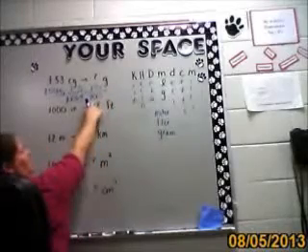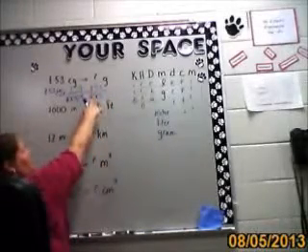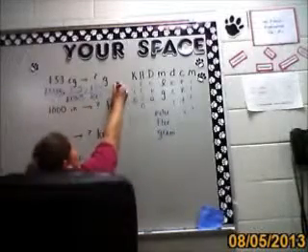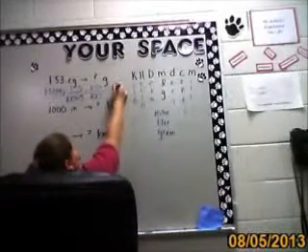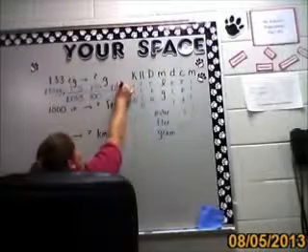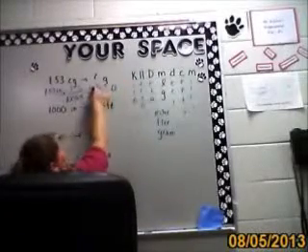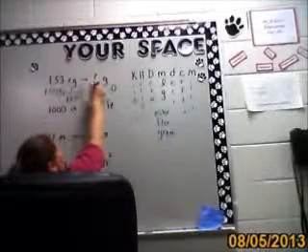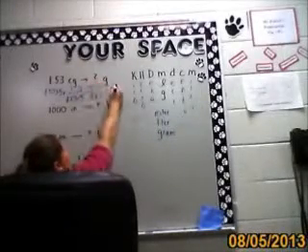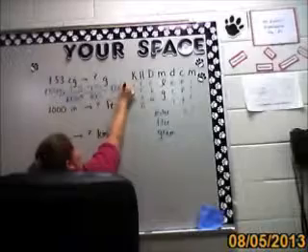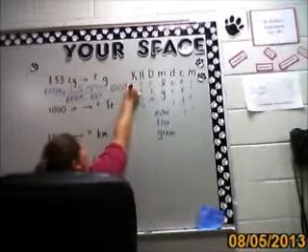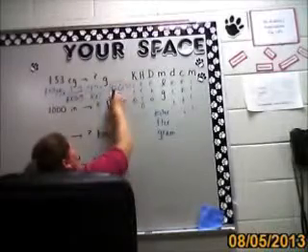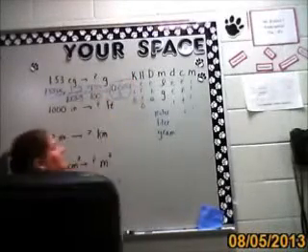For my final answer, I divide 1.53 by 100. So I'm actually moving my decimal 2 places to the left. 0.0153 grams in a centigram.